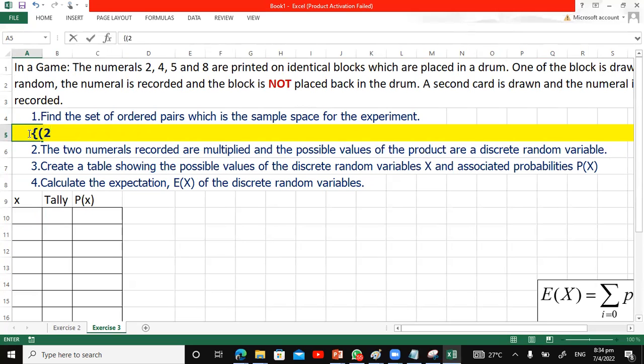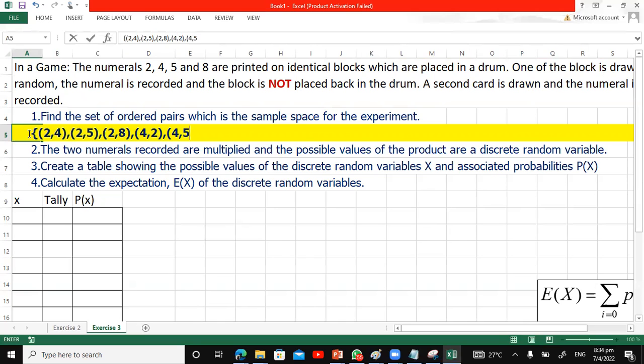All right, so you may have a 2. So it's not possible to have 2, 2. So you may have 2, 4. You may have 2, 5. You may have 2, 8. You may have 4, 2. But you can't have 4, 4.